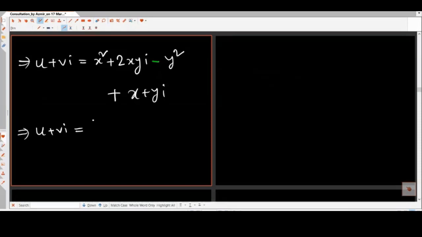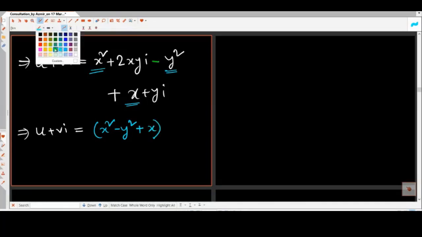And in the next step, we can group the real parts and the imaginary parts. So this is x squared, this is y squared, this is x. In these three terms, we don't have any i. So we can group these three terms. That is x squared negative y squared plus x. And the remaining terms are this and this.